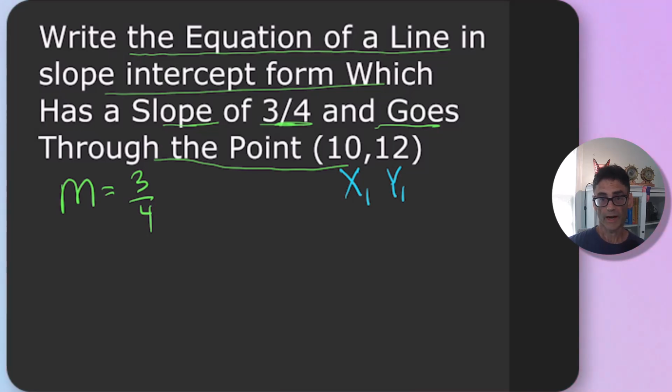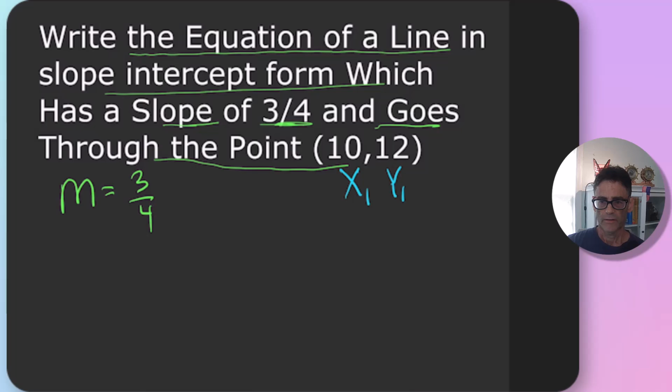The first point I list, I'll call point 1. The x coordinate is the first x coordinate, and the y coordinate is the first y coordinate. So x1 is 10, and y1 is 12. That keeps track of it.